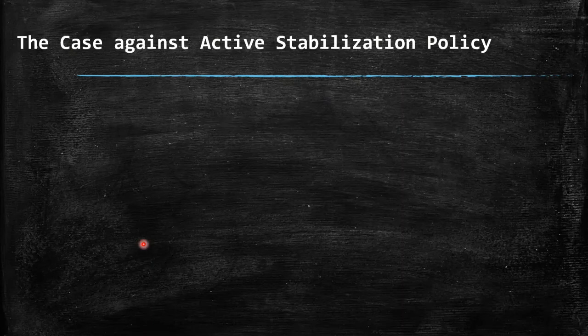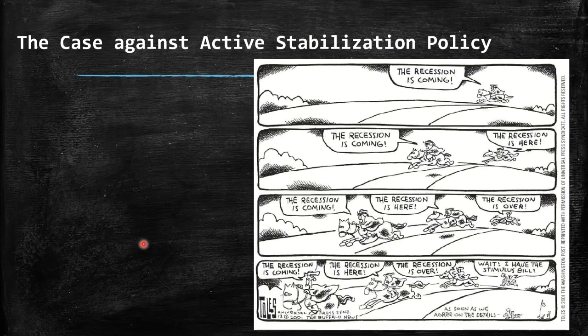And here is the argument against active stabilization policy. This is a cartoon because there is a lot of bureaucracy when things are happening in the economy, and you only have the data at the end of the month, the quarter, or the year, and maybe you are already over the situation.